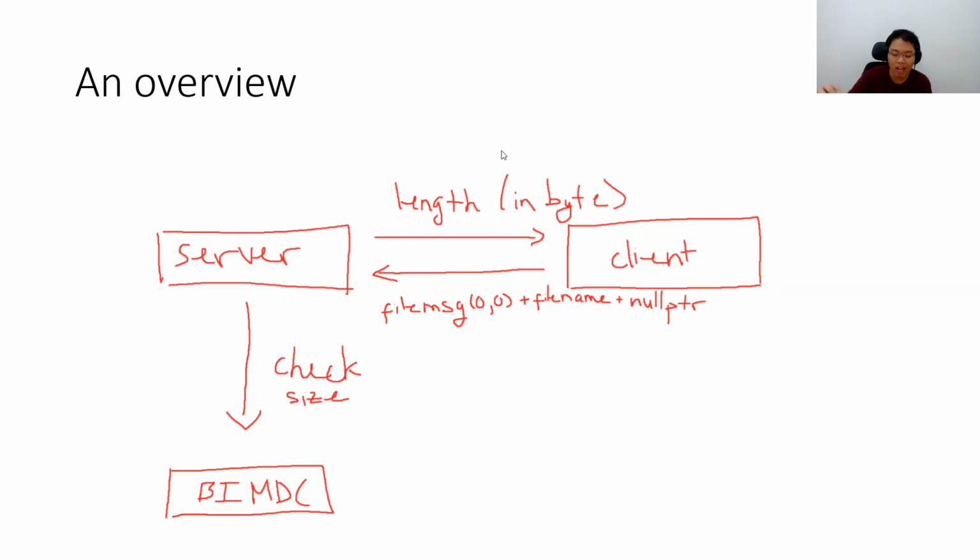So you want the exact amount of bytes that the file has. So you send this to the server, then the server goes to check the size in the BIMDC, and then it will return the length in bytes back to the client. So, on the last one, I need to handle that correctly? Yes, you also need to handle that correctly, and I will show you in a bit how that works.